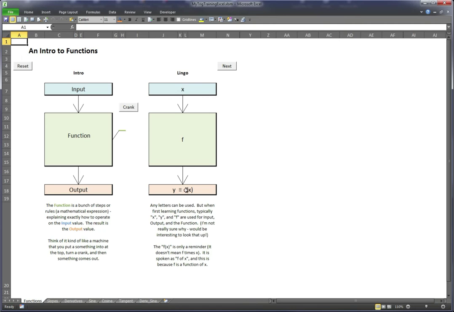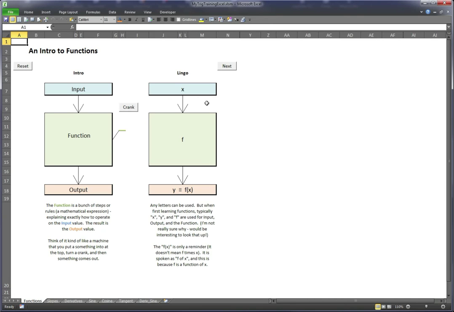So this F with the X in parentheses is really just a reflection of what's happening up here. You notice I got the three lines here. What I'm saying is Y is equivalent to F, and we use the phrase F of X, F being a function of X coming in. So that's the terminology that we will use for functions. That's why we have the F, and so on.